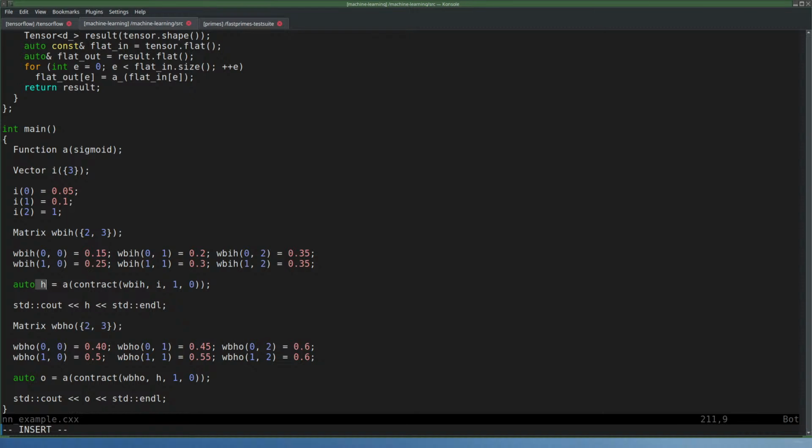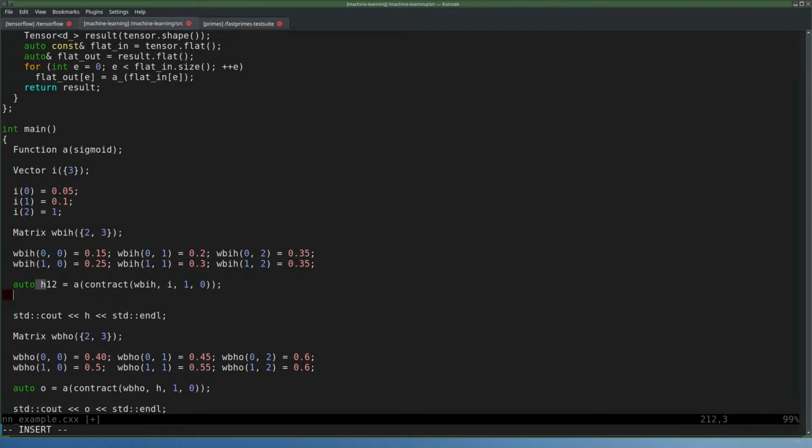So this is H1 and 2, and I have to make it a vector like this one, so 3 elements.